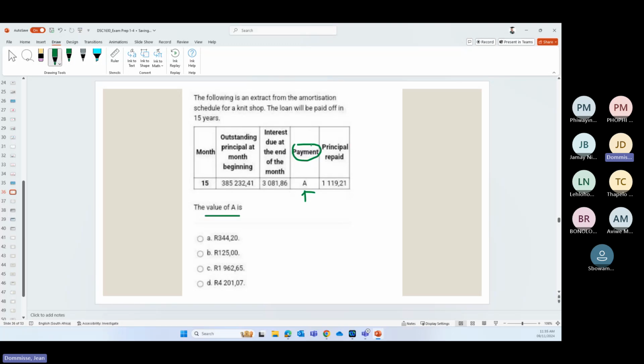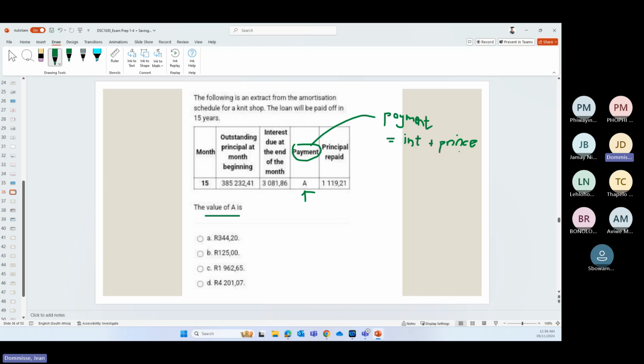That payment, if we don't work it out via the calculator, consists of two components. It's normally the interest, so there's an interest component to it, and then there's a part of that principal that you are paying back.